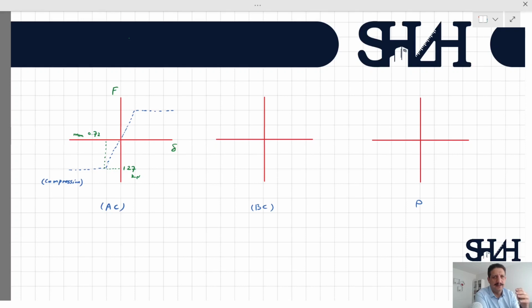It means that it cannot take any more load. So whatever happens in terms of increment of the load, it will just deform. It's a deformable element. It's a plastic element. Let's sketch the same for the other element, which is BC.